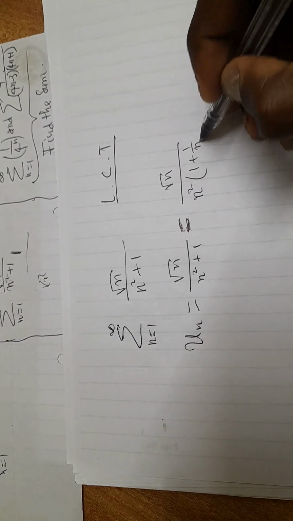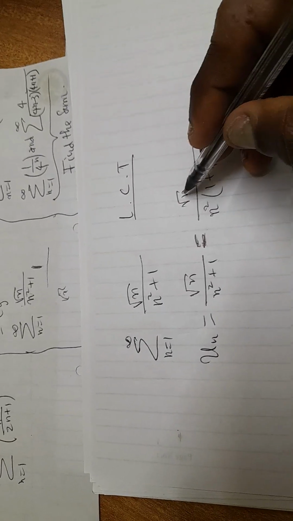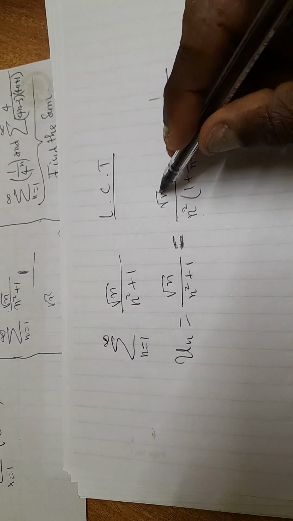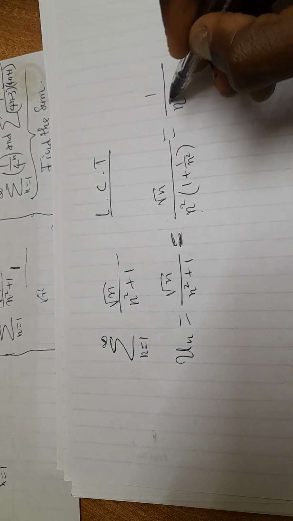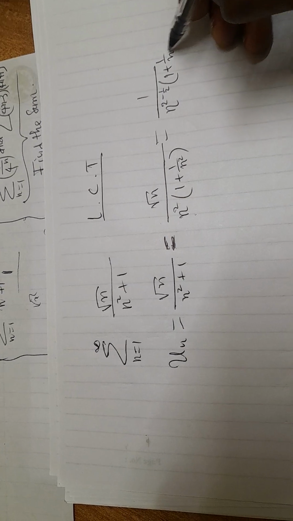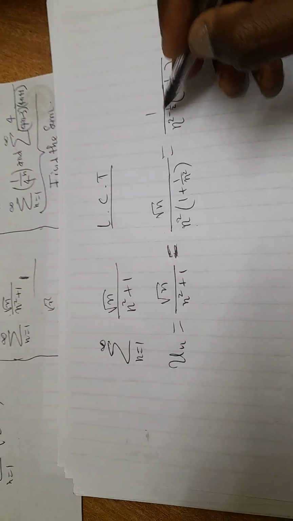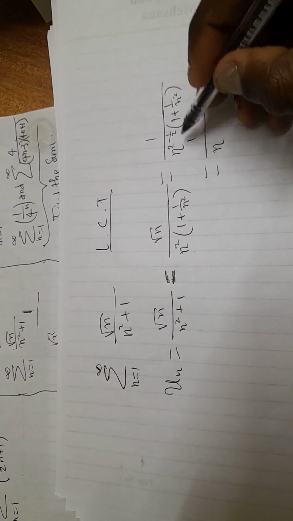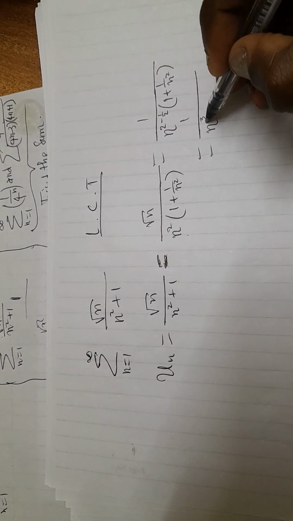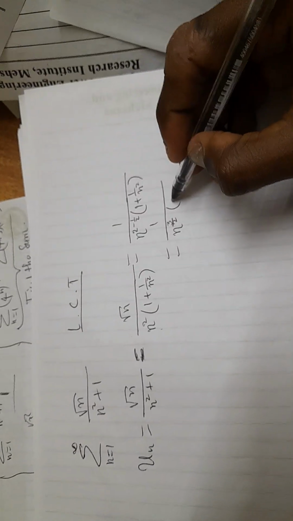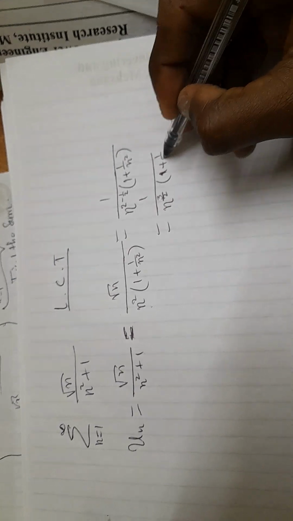Then this and this are going to be divided, and n square minus 1 upon 2 goes down, with 1 plus 1 upon n square. What you get here is 1 upon n to the power 3 by 2, and here 1 plus 1 upon n square.